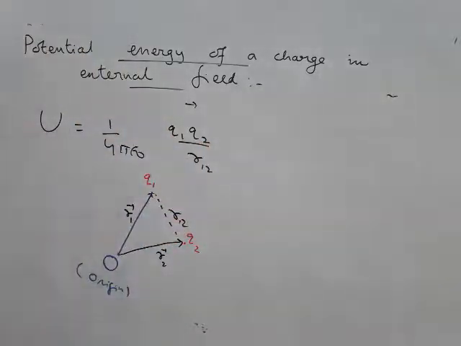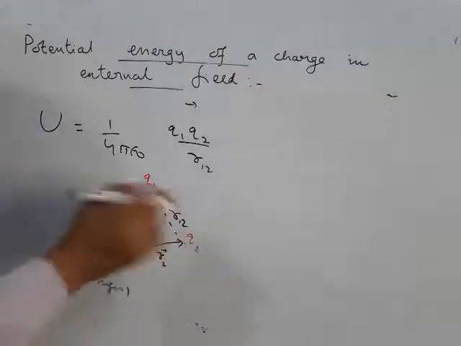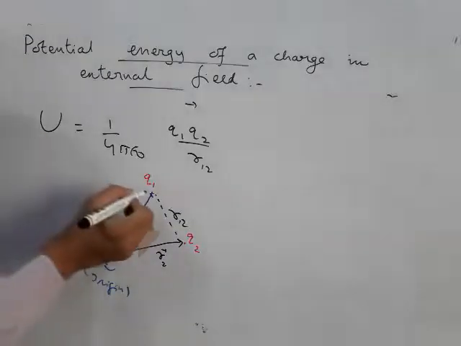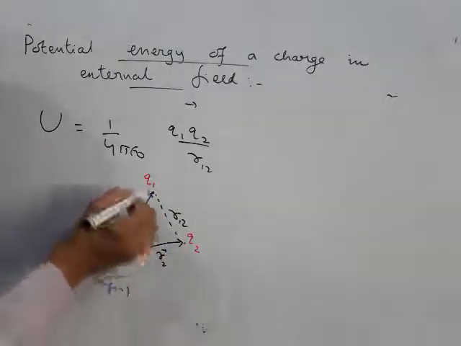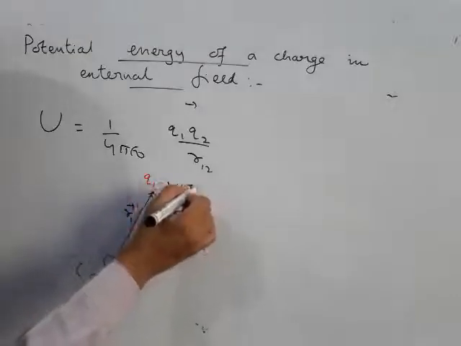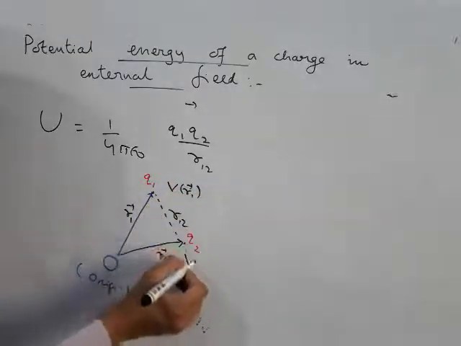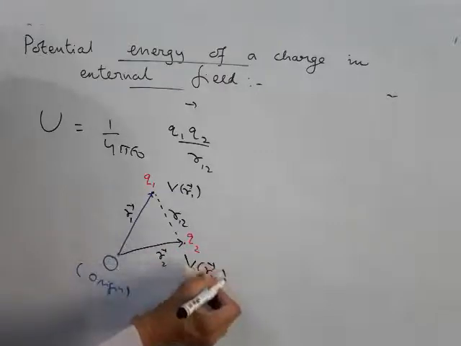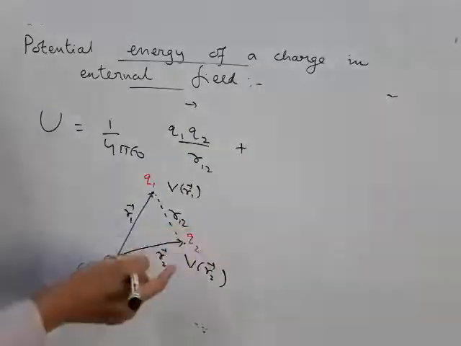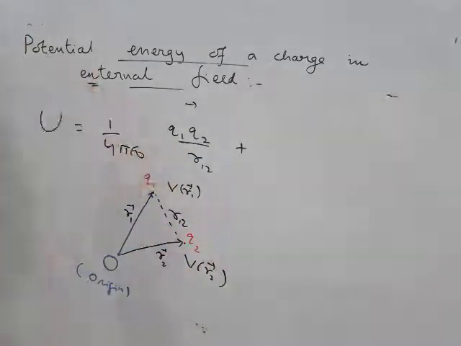This will be the answer if prior to bringing Q1 and Q2 there is no field in that region, there is no potential in that region. But just now we discussed, at this point there is some potential, there is some electric field. Let that value of potential be V at R1. Here the value of potential is, suppose, V at R2. Then apart from this potential energy term, there will be some potential energy terms due to the external field also.